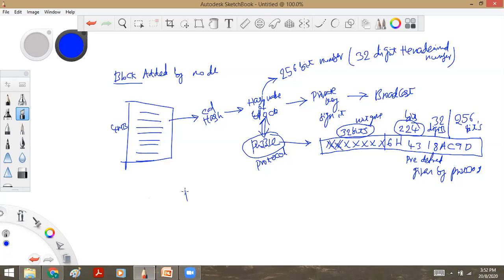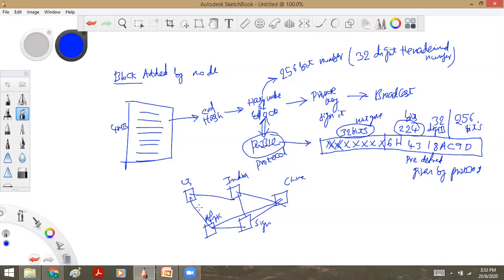I'll give you an example. This node is in China, this node is in India, this node is in Singapore, this node is in the UK, and this node is in Africa. All these nodes in the network are connected with each other, right? This is the blockchain.